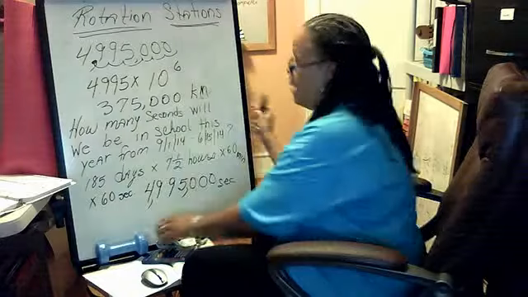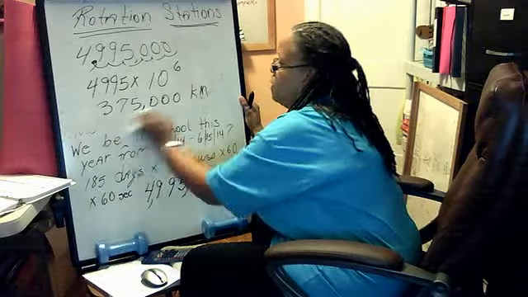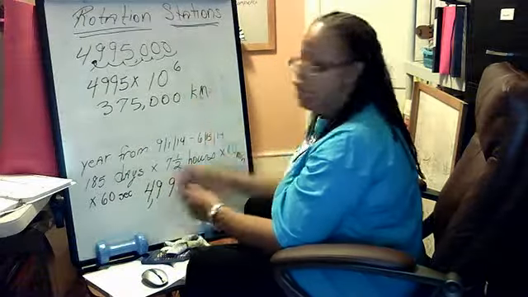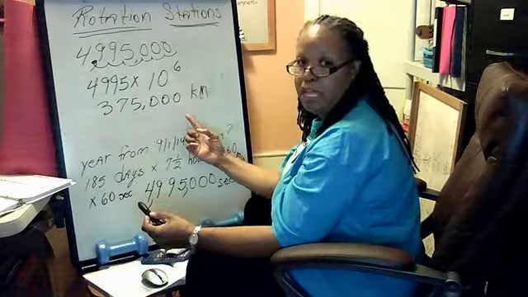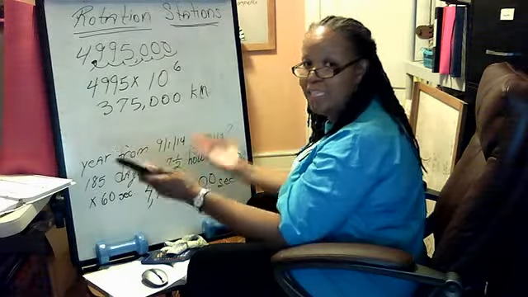How do we write that number in scientific notation? First step is to turn this number into a number that appears to be between 1 and 10.